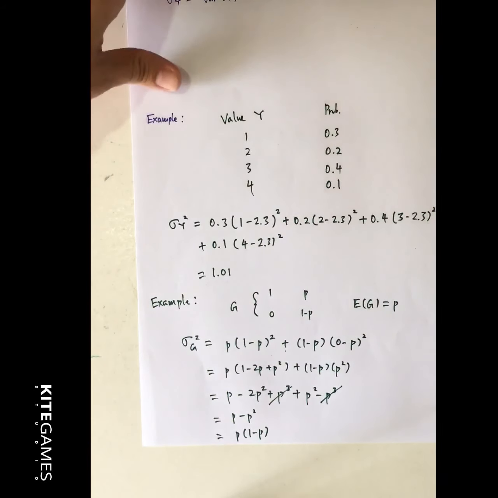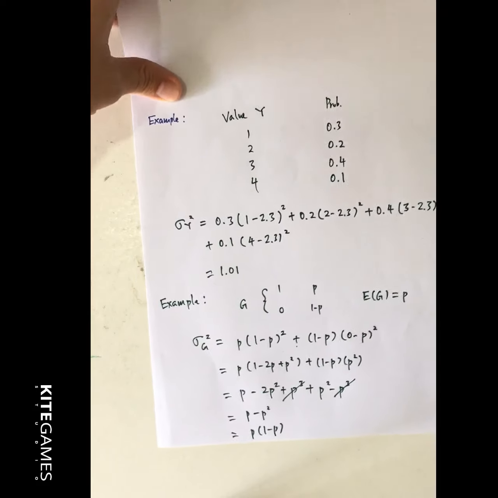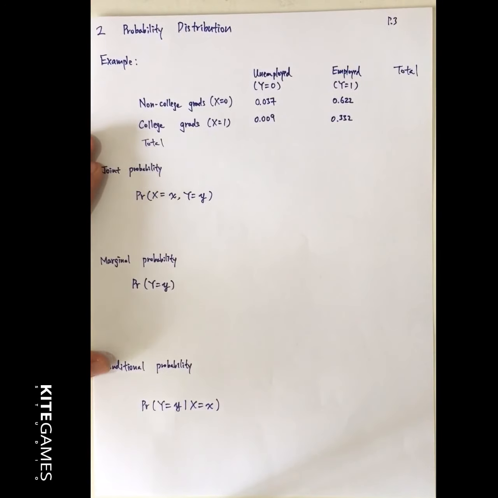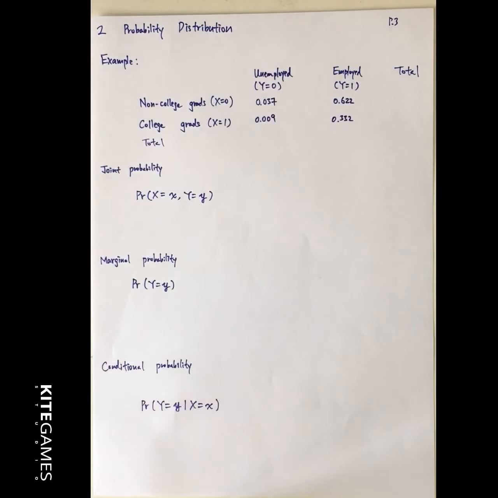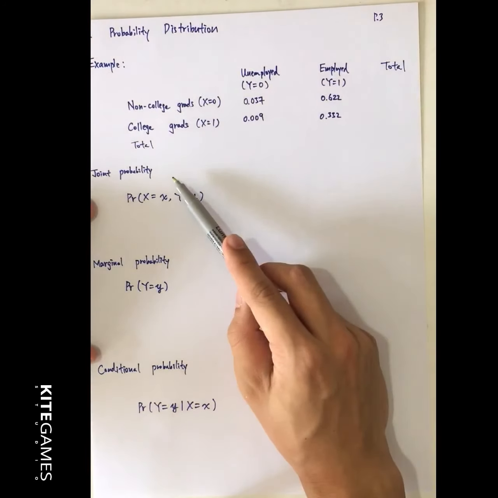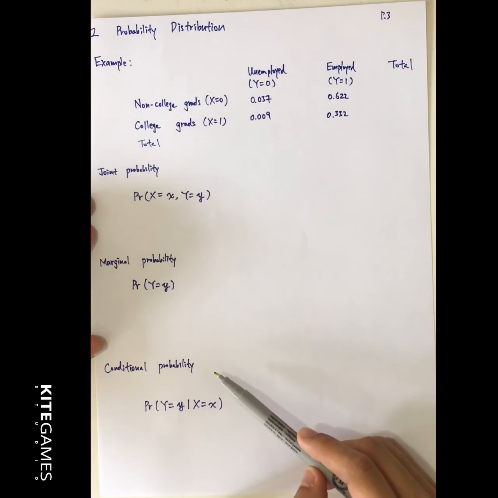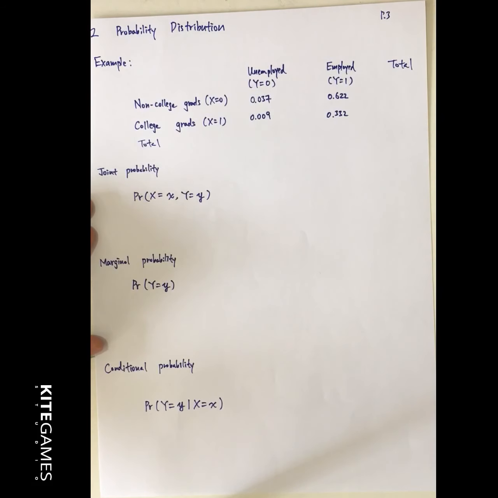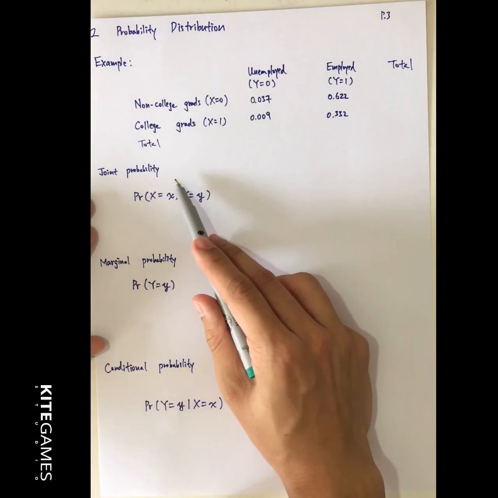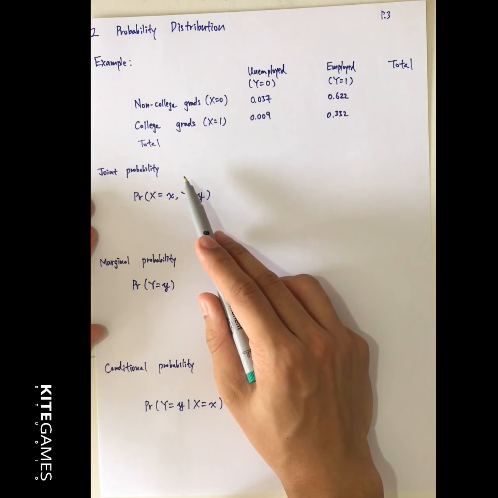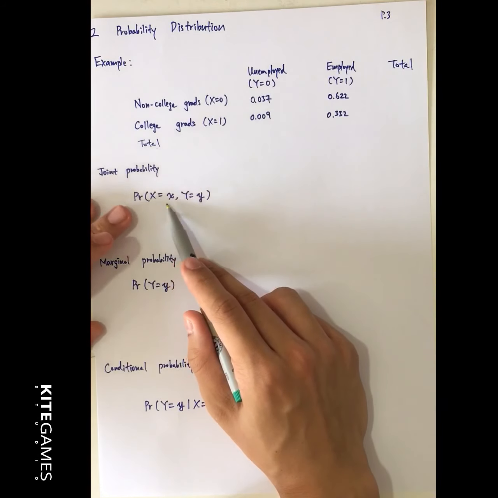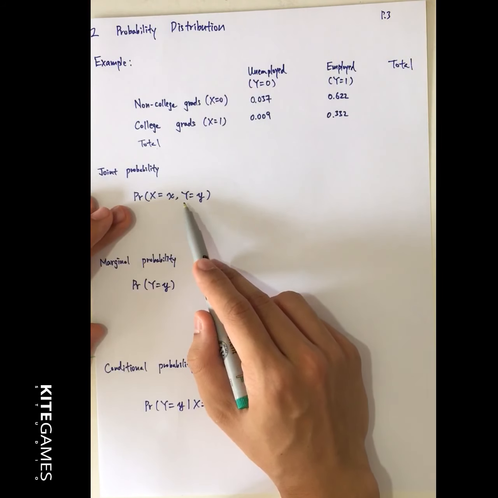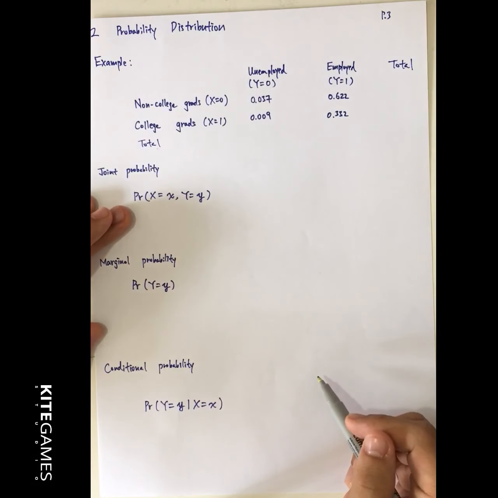So next we will talk about how to find the probability distributions. The probability distribution mainly covers 3 types: the joint probability, the marginal probability, and the conditional probability. For the joint probability, it means the probability that x equals some value and y equals some value.